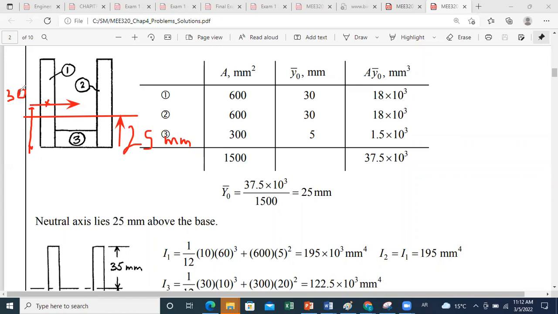Okay, and if I know the distance between these 2 axes and I want to find the inertia about the neutral axis, I apply the parallel axis theorem.